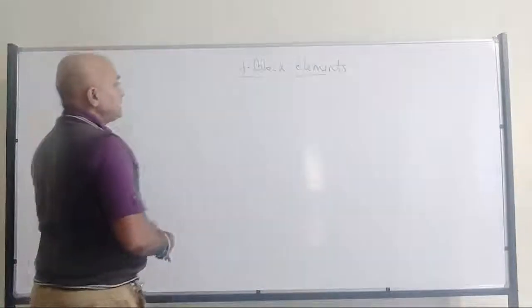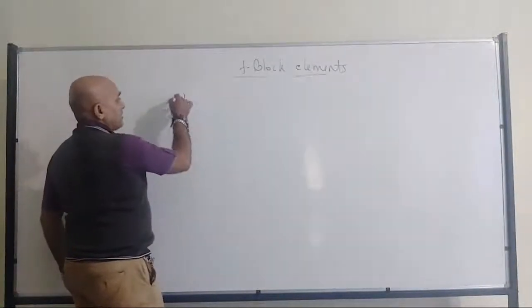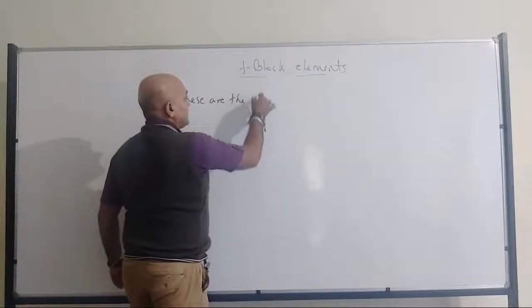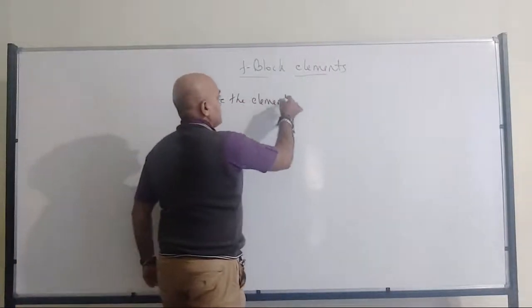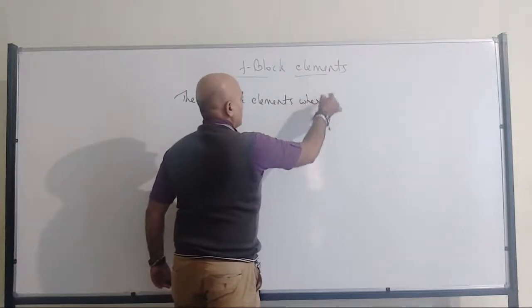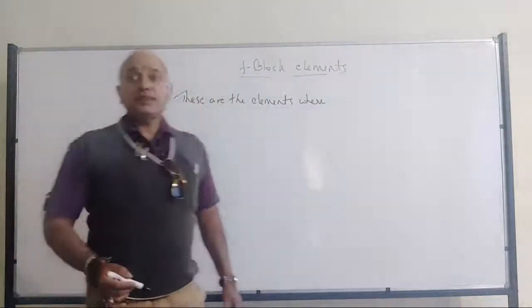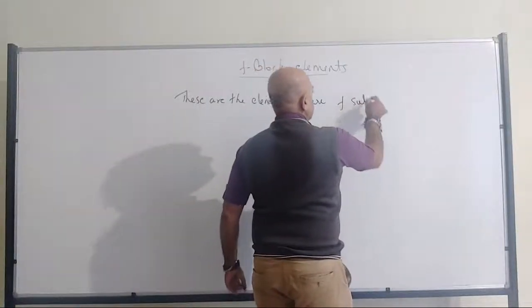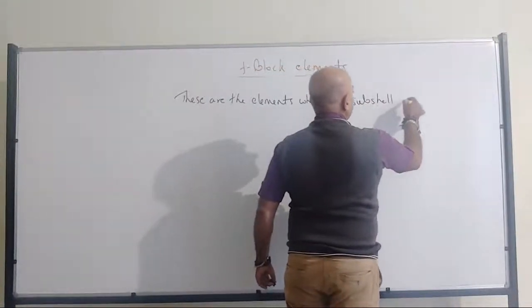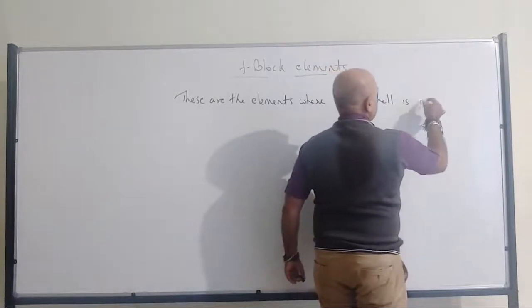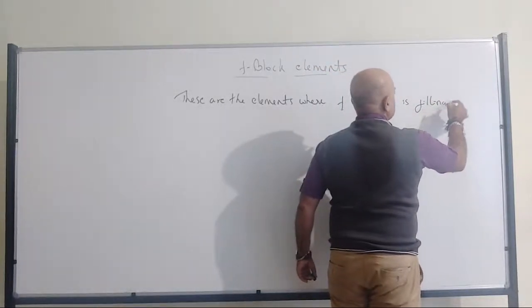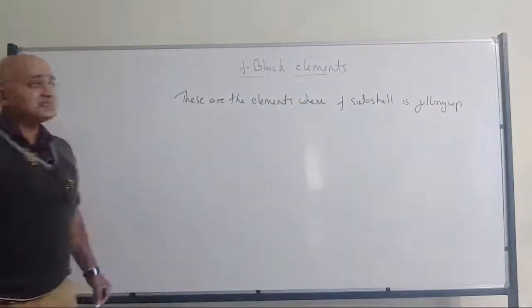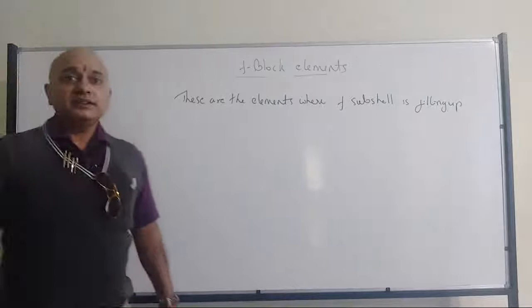That is because these are the elements in which the F subshell is getting filled up. Okay, so that's what we can tell. So that's why these elements are called F block elements.